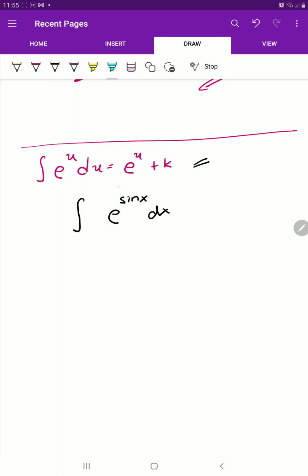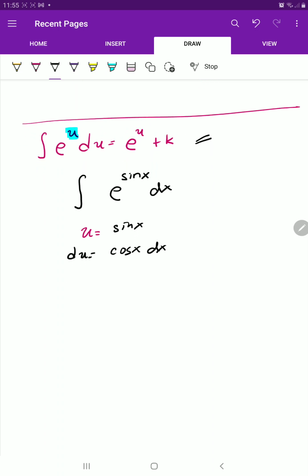Again, upon checking our u there, I think let's just use substitution. So let u is equal to sine x, and then the derivative of u is equal to cosine x dx.